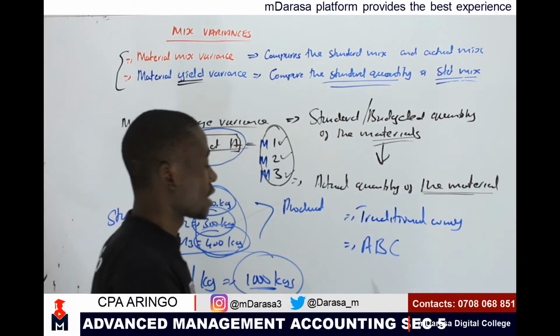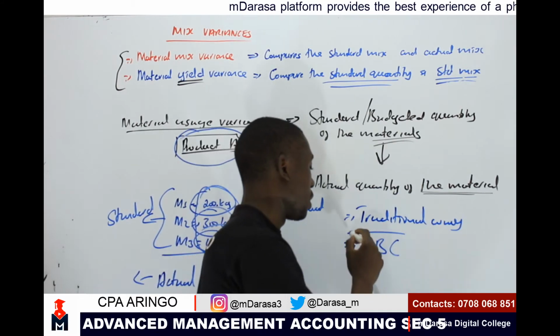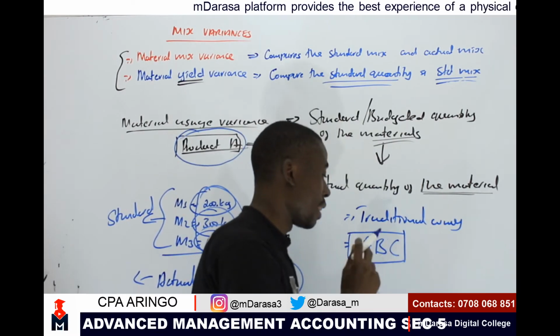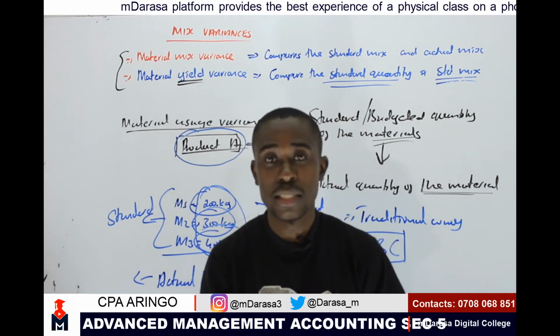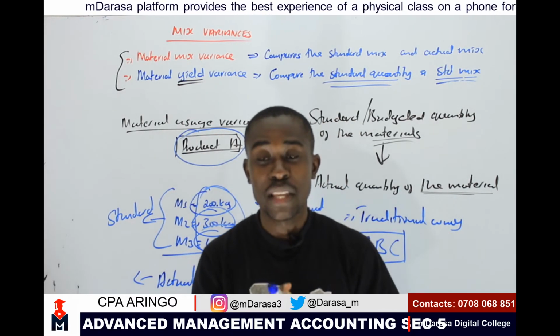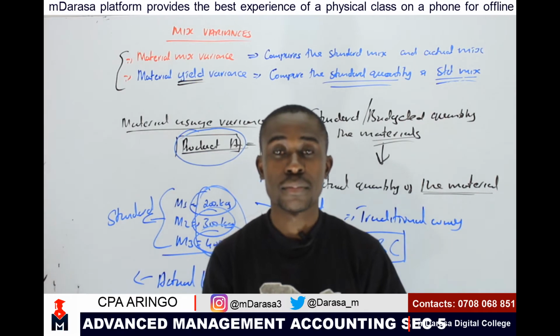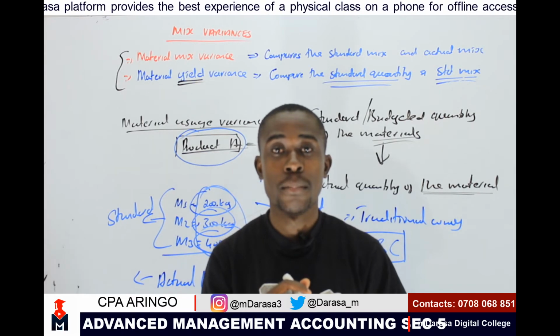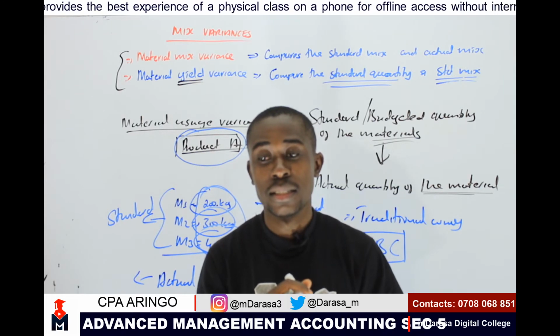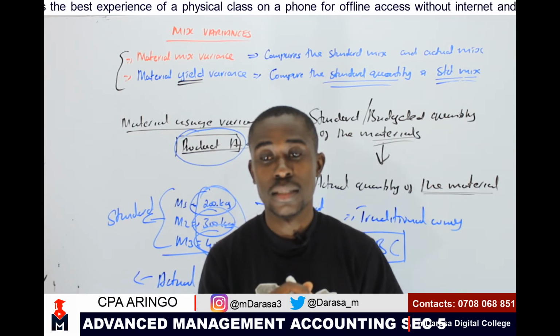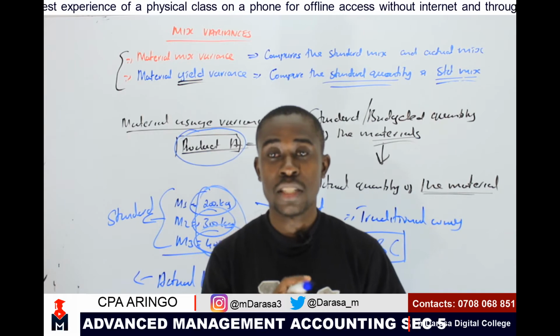So this time round, the examiner is telling us that the company was using ABC. And that reminds me, we did the concept of activity-based budgeting, right? Did it tackle activity-based budgeting? We did activity-based budgeting, right?